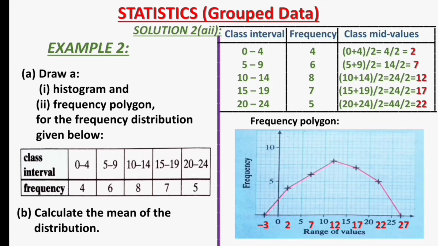Don't forget to close up your frequency polygon. We are going to draw from the first and the last class mid values to the imaginary class mid values to the left and to the right, which will give us -3 to the left and 27 to the right, to close up your frequency polygon. Don't forget, a polygon should be a closed shape with straight sides.